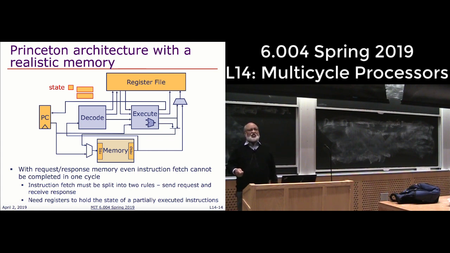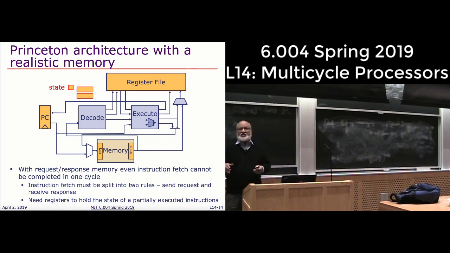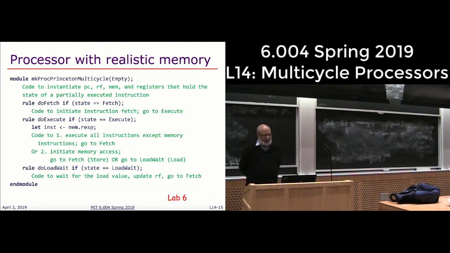So every instruction now is going to take at least 2 cycles, because I initiate it and then I get the response back from the memory. Same thing will happen if the instruction happens to be a memory access instruction. Then in the execute part, you will initiate it and then you will get the result back. So some instructions may take 3 cycles, some may take 1 cycle, some may take 2 cycles, etc. Let's see how that comes about.